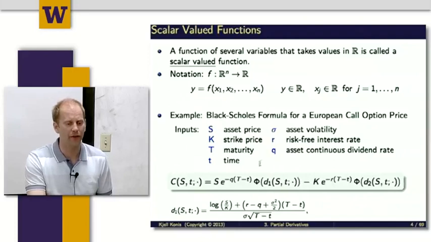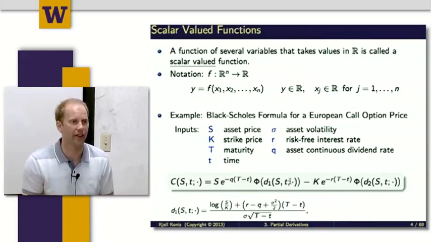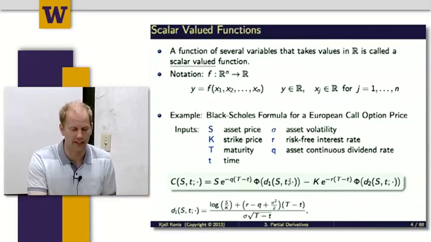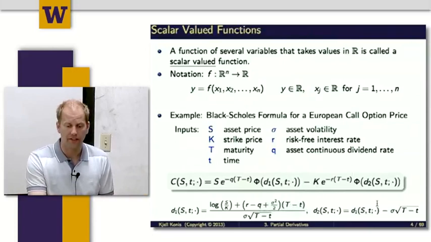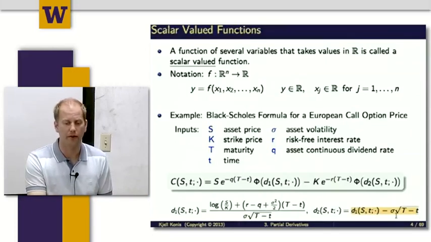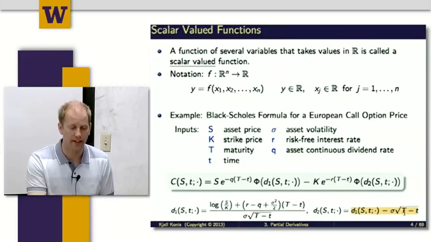So the reason we want to write this as phi of d1 and phi of d2 is that if I start plugging this whole expression into these parentheses, the thing gets quite unwieldy. And then d2 is just equal to d1 minus sigma times the square root of capital T minus little t.